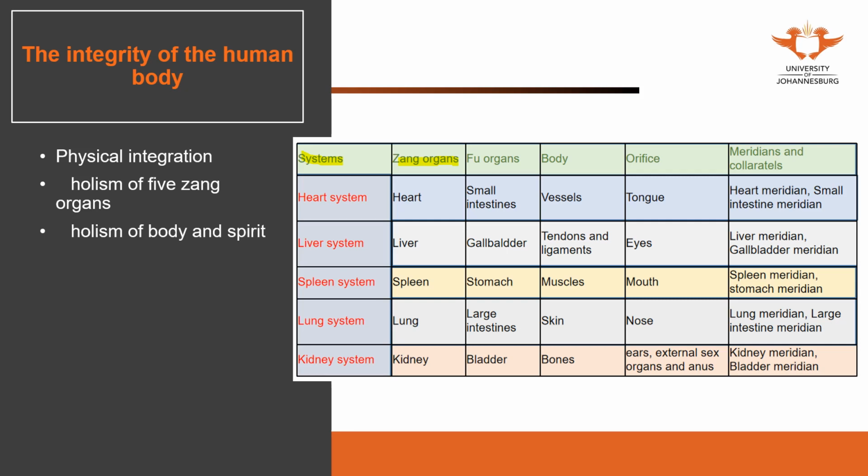Here you will see sometimes it might be new to you. As you can see from the table, I write systems. The heart system, the liver system, the spleen system, the lung system, and then the kidney system. Why do we write in these systems? It's actually because in Chinese medicine and in acupuncture, how we really analyze, how we get to know about our human body, we use these systems.